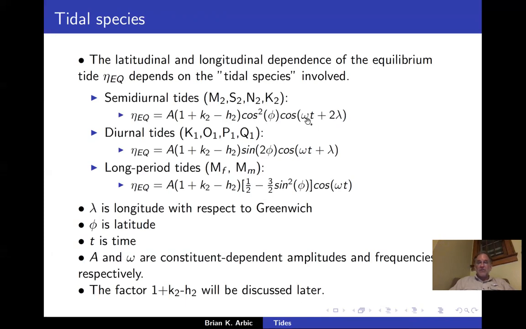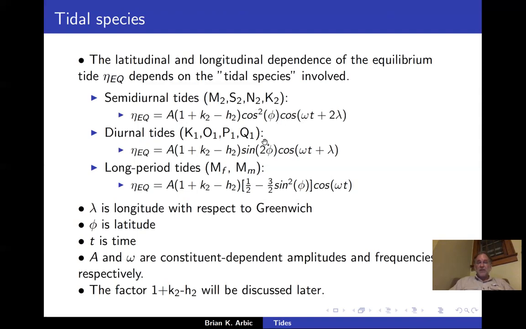Omega is the frequency, t is time, and lambda is longitude. For M2 there are certain values of the amplitude A, the factor 1 plus K2 minus H2, and the frequency. For S2, all of those would be different, and so forth for N2 and K2.